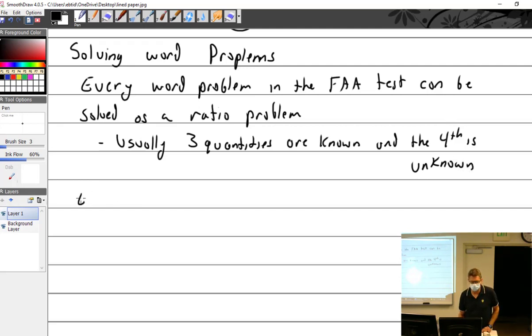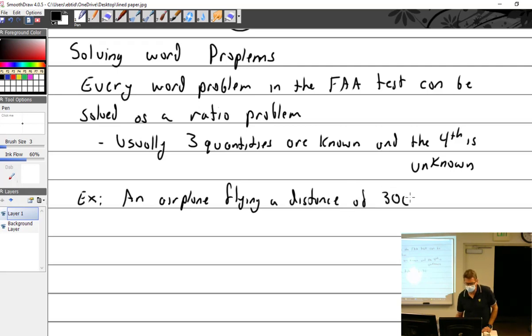So here's an example. An airplane flying a distance of 300 miles uses 24 gallons of fuel.